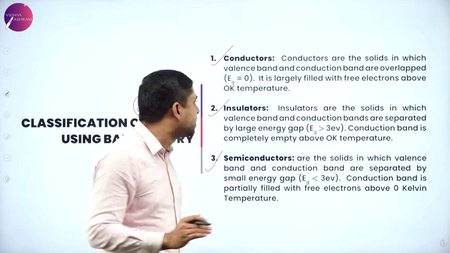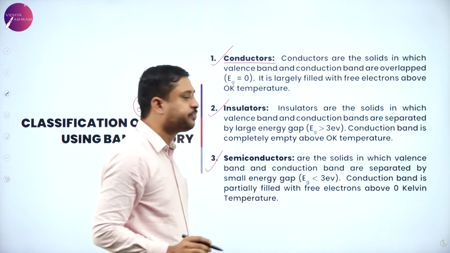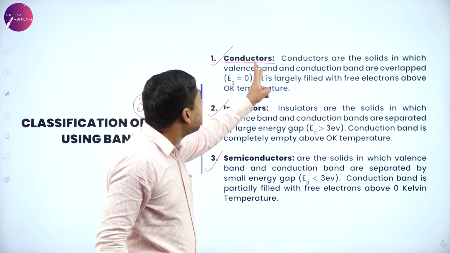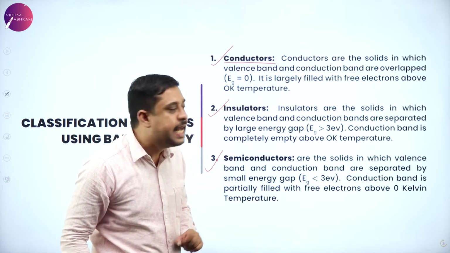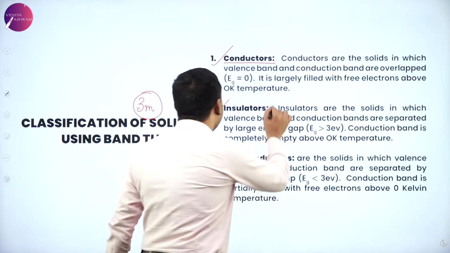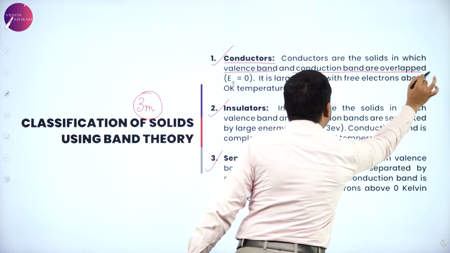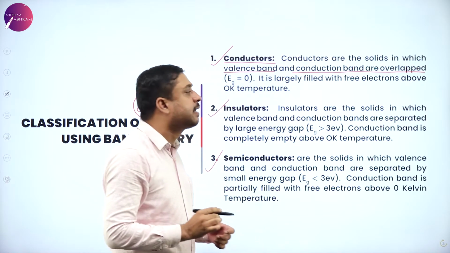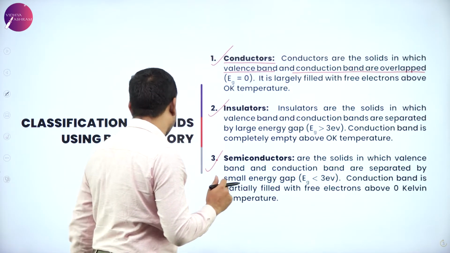Now, what is this? First, what is a conductor? Conductors are solids in which valence band and conduction band overlap.